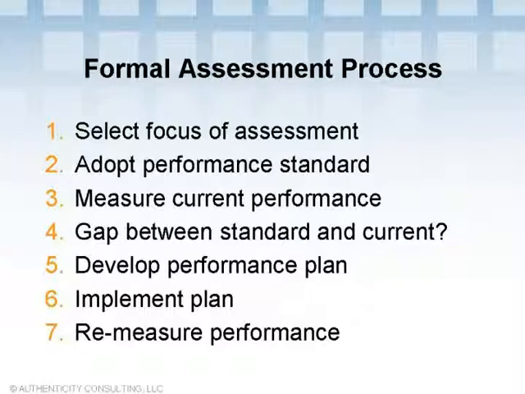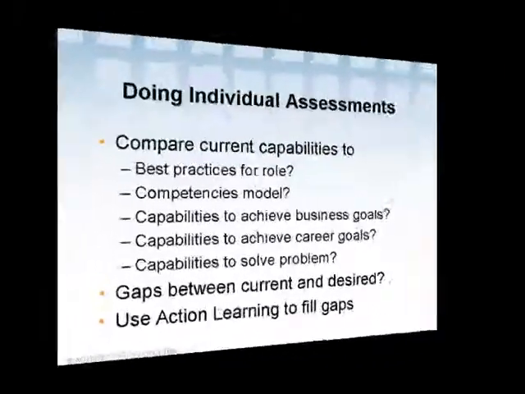Then the development plan is implemented. Here too, the action learning process can help to ensure that the plan is actually implemented and that people learn at the same time. After the plan has been implemented, then the performance is measured again.